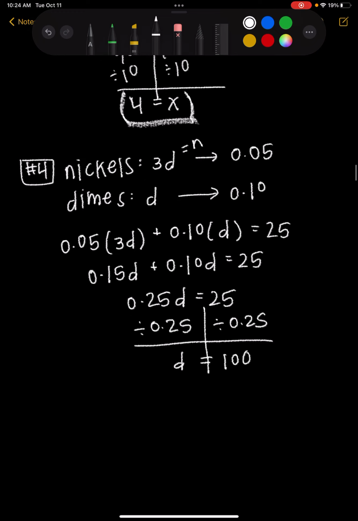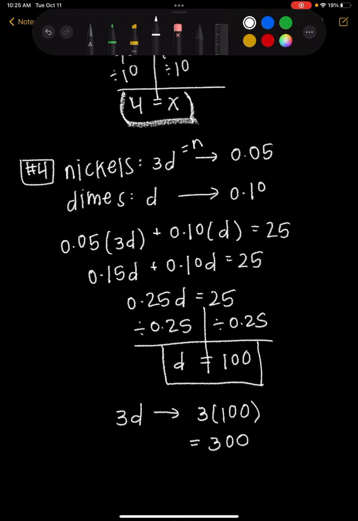Which tells me that there has to be 100 dimes. Now, if there are 100 dimes in this collection, that wasn't the question it asked. It asked for my nickels, and I know nickels are 3D. So I do 3 times 100 to find the amount of nickels, which means that there are 300 nickels. And that is my answer.